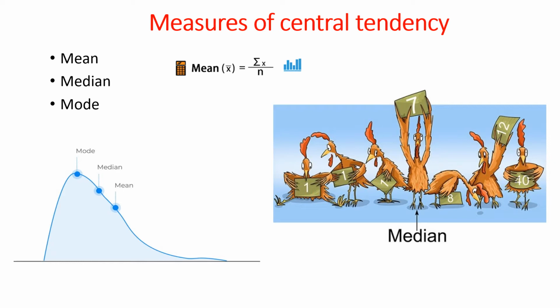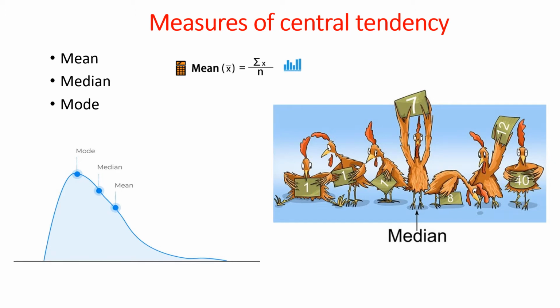Median is, once you sort the numbers from the smallest to the largest, the middle number, which divides the lower portion of the data from the upper portion of the data. Basically it's a line which divides your data into two parts, lower and higher.